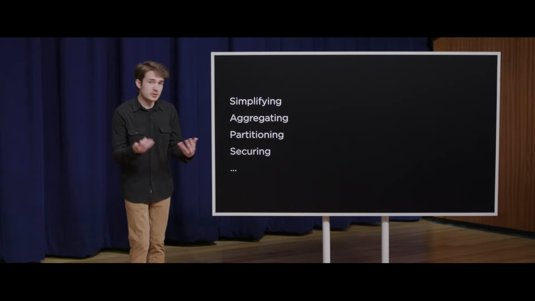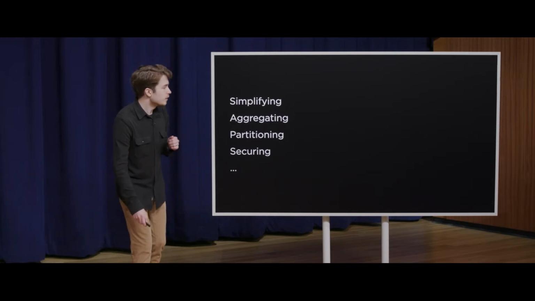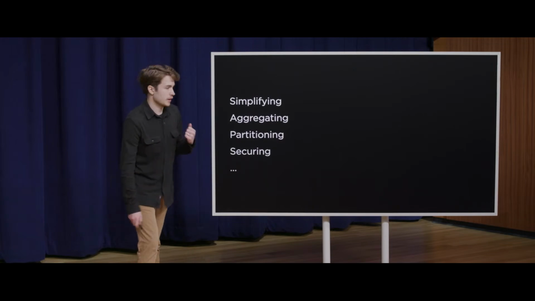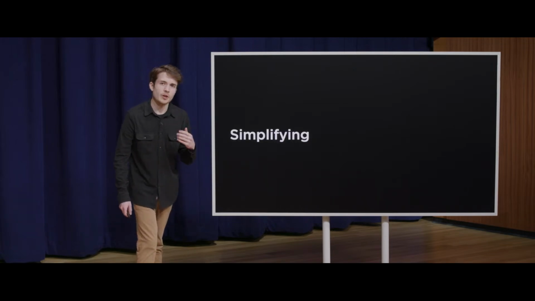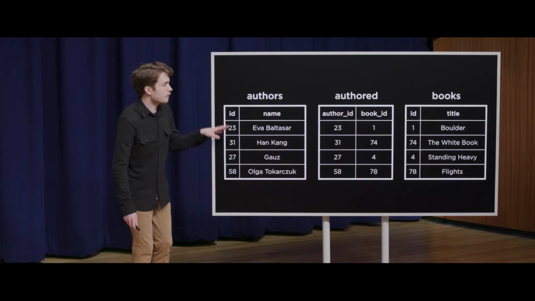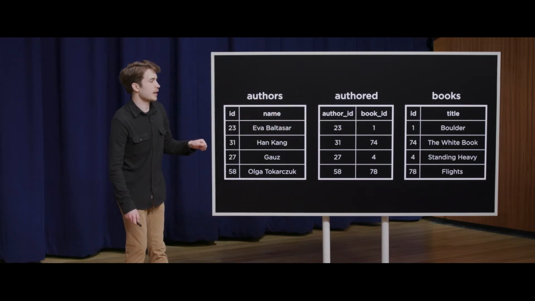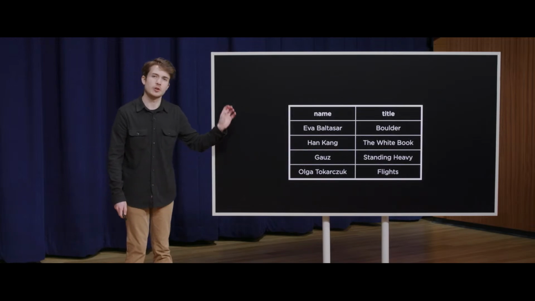There are more reasons too to use views, but we'll focus on these for today. And let's begin by focusing on simplifying. So we saw earlier a way to simplify these multiple tables down into one. If I go back here, we'll see we got from this set of 3 tables to a single table that had both author names and author titles.